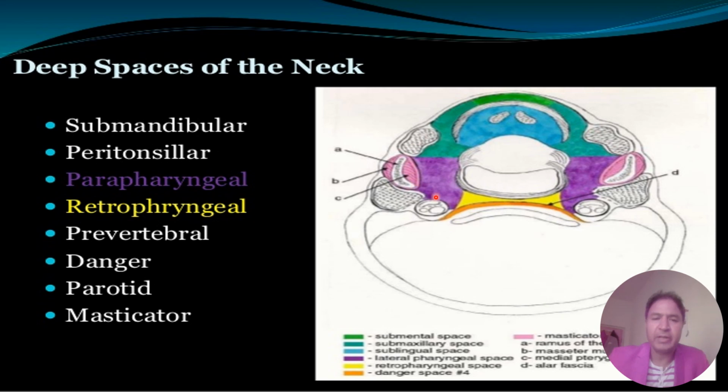So we have learned the parapharyngeal space, the carotid space, the parotid space, the masseteric space, and the peritonsillar space. We have the submandibular space, this whole area here.